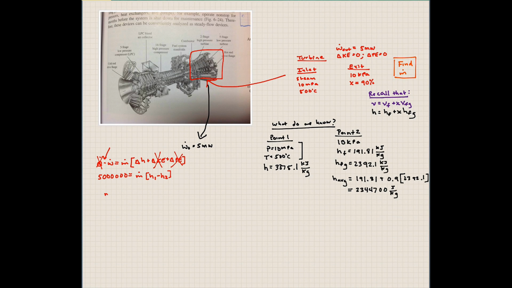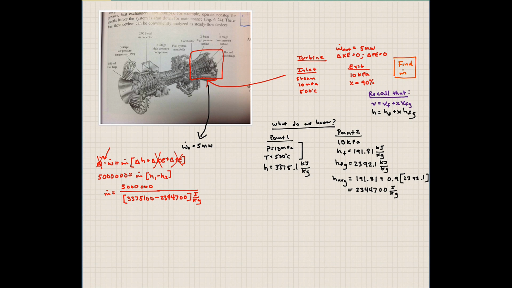Now what we can do is solve for the mass flow rate. So this would be 5 million divided by h1 minus h2. So h1, in this case being the value of the enthalpy at the inlet, which is 3.375 minus 2.34700 joules per kilogram.